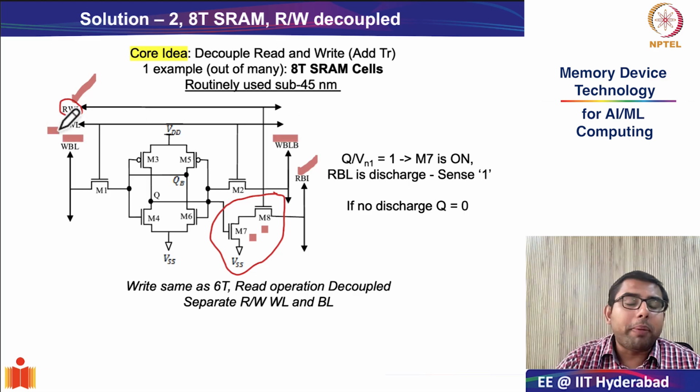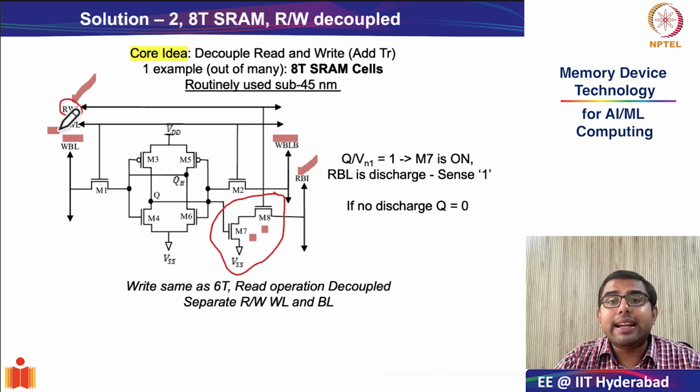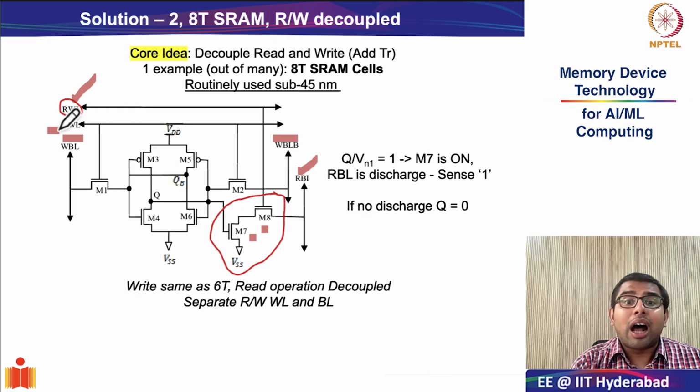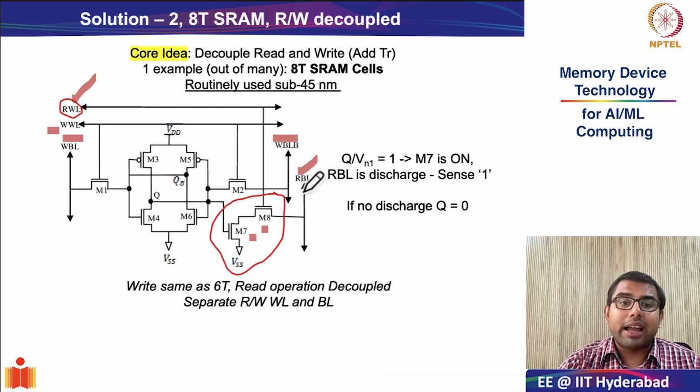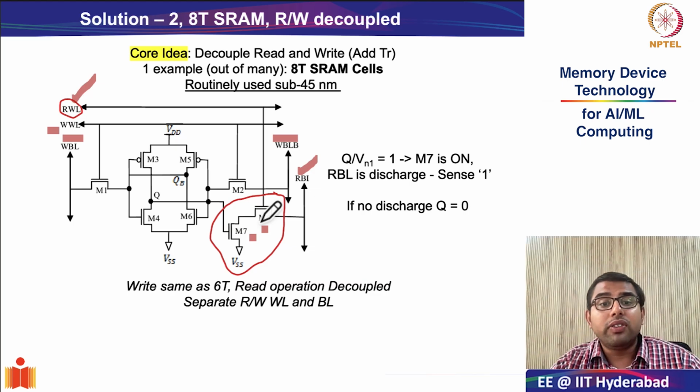So the write operation is absolutely identical to the 6T SRAM cell. But by adding 2 extra transistors and a read word line and read bit line, you are completely decoupling the read operation.